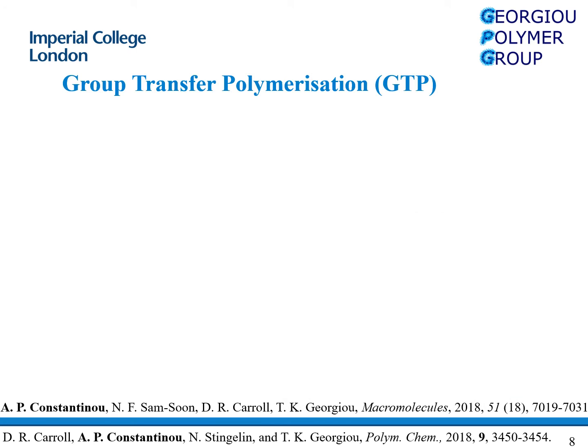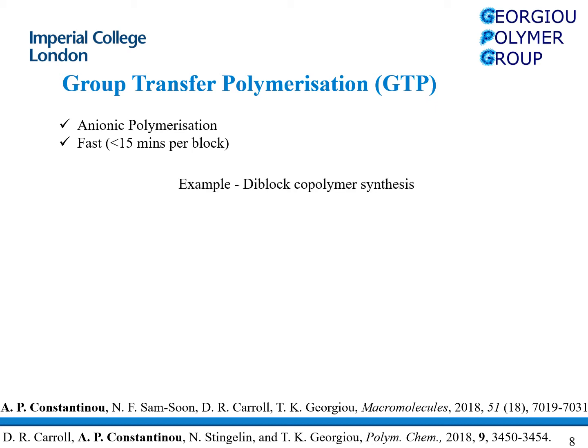So in our lab we are using a technique that is mostly known in industry called group transfer polymerization, or GTP. This technique is anionic polymerization, so the polymerization goes through anions. It is very fast, 15 minutes per block, and here I'm just giving an example of diblock polymer synthesis.